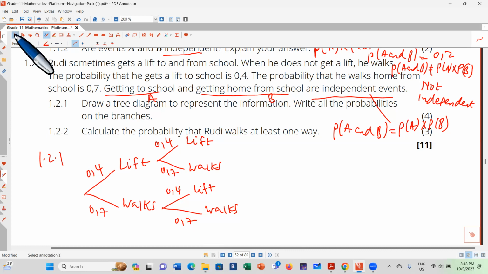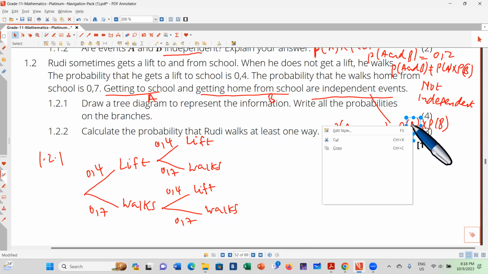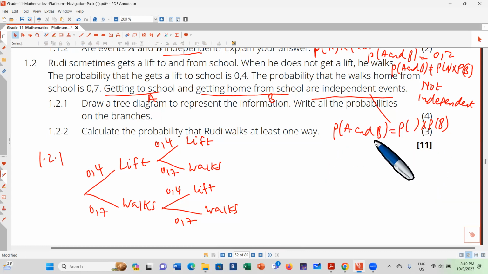Okay, so you're going to have that tree diagram there. Just note that. What is the next question? Calculate the probability that Rudy walks at least one way.